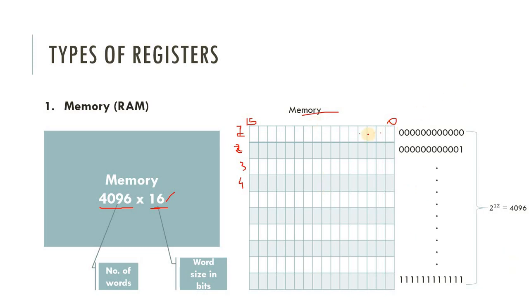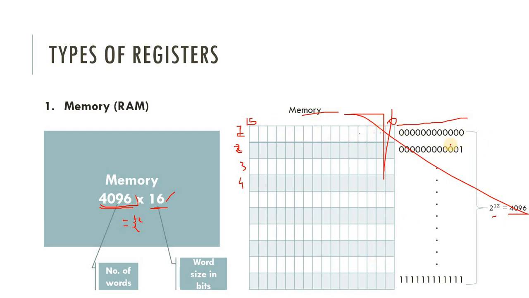Now how is the address of the memory given? As I said, the number of blocks is 4096. So 4096 is equal to 2 raised to 12. Here 2 raised to 12 means 4096 blocks are available, and we need to address each and every block.